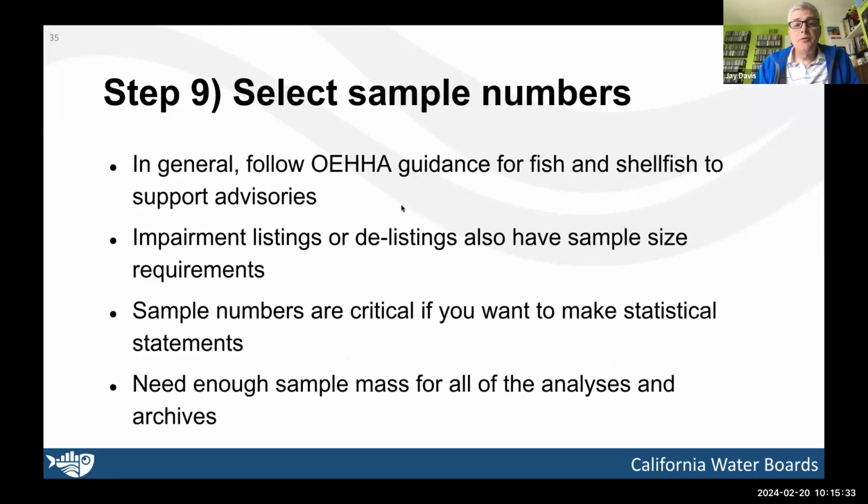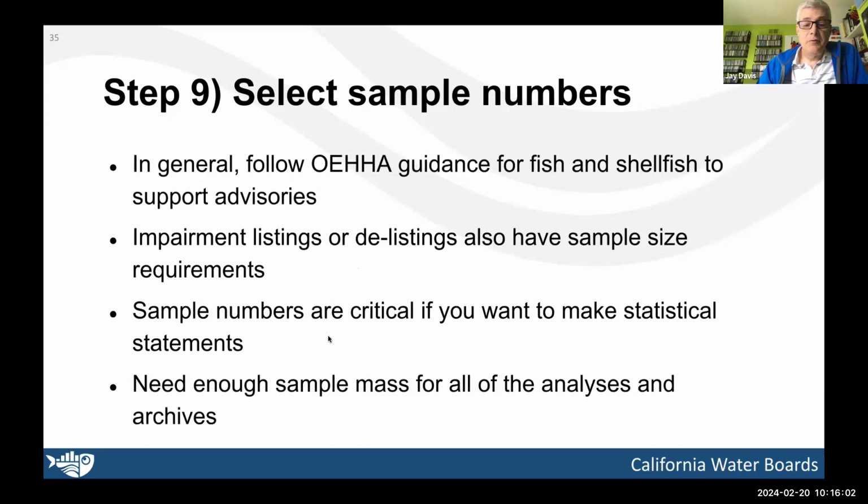Selecting sample numbers, another topic that I could talk at greater length about, but we don't have time today, but very important. In general, follow OEA guidance if you want to provide the information they need for advisories. Impairment listings or delistings also have sample size requirements, certain numbers of fish that they need.